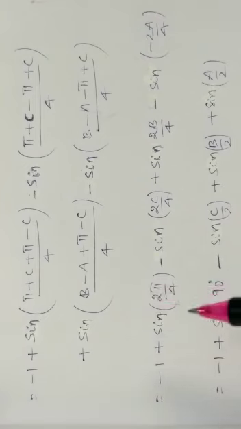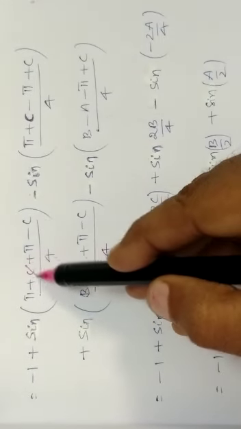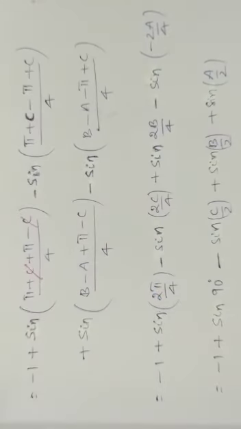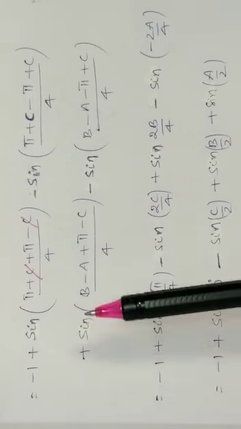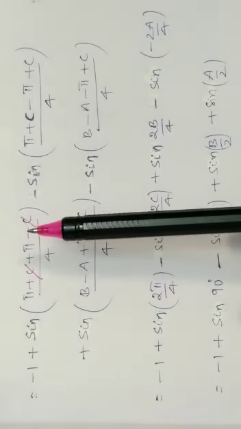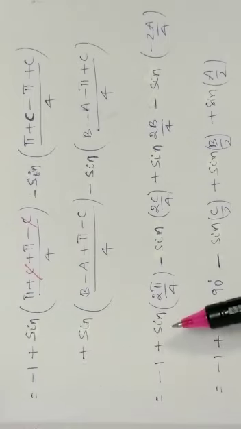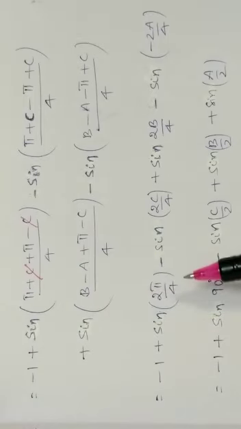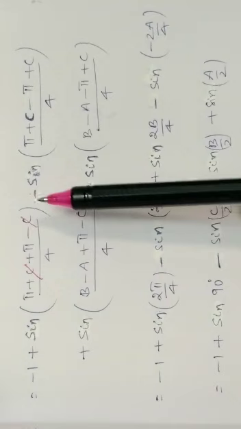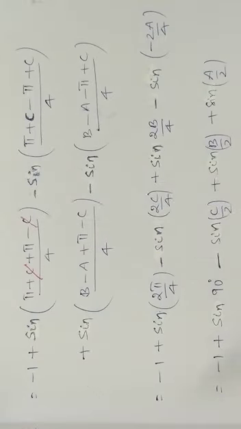After getting this step, we can cancel plus C minus C. What is remaining? π plus π, 2π/4. So −1 plus sin(2π/4) minus sin.